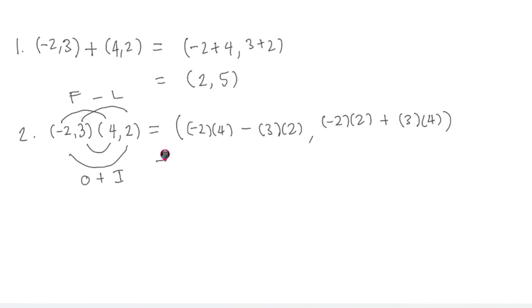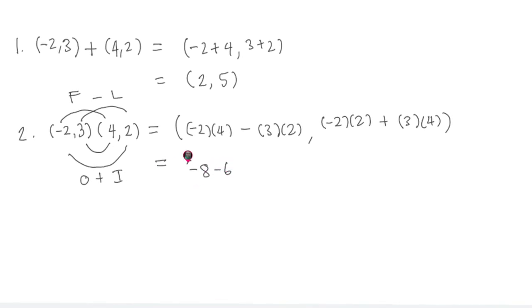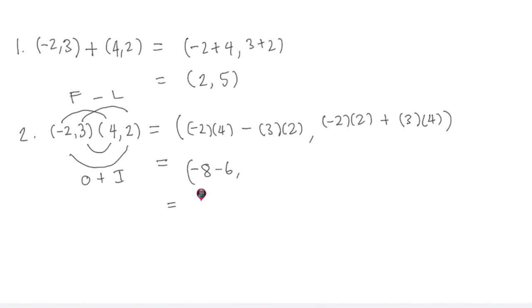Simplifying, we have -8 minus 6, or that's equal to -14. And then for the imaginary part, we have -4 plus 12, or that's equal to 8. So (-2, 3) times (4, 2) is equal to (-14, 8).